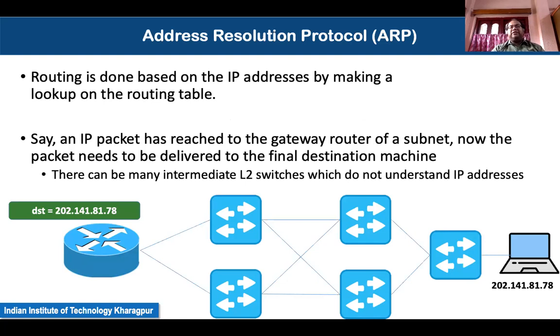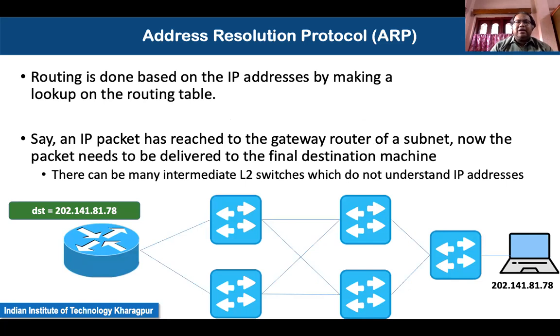Now we move to the next concept that we are going to discuss today. It is Address Resolution Protocol, or ARP. Before introducing you to the requirement for ARP, let me talk a bit about how IP routing is performed, or better to say how end-to-end packet delivery in a network is performed.